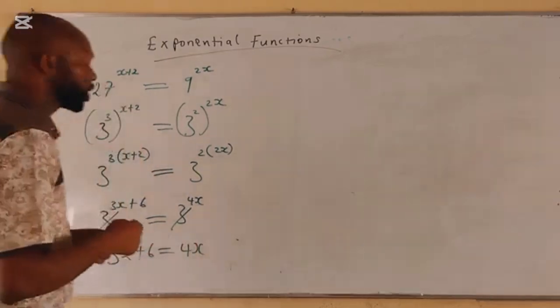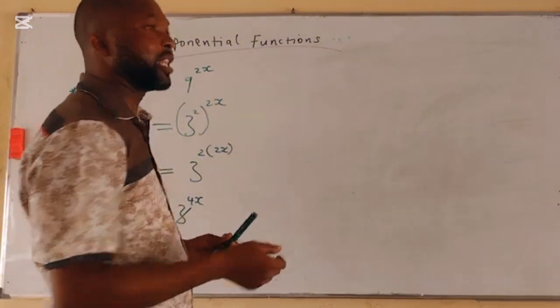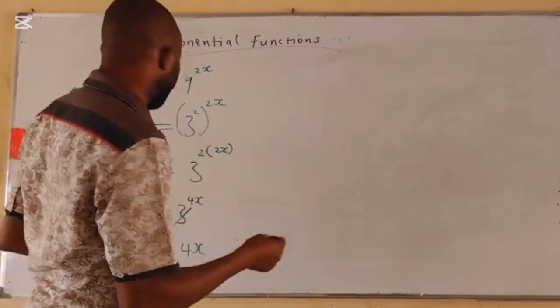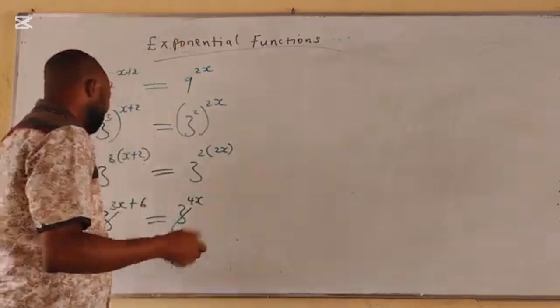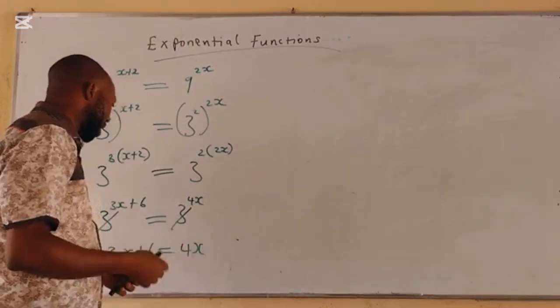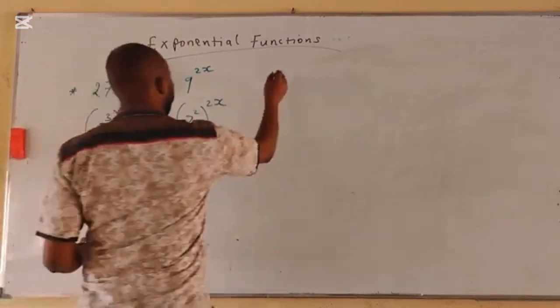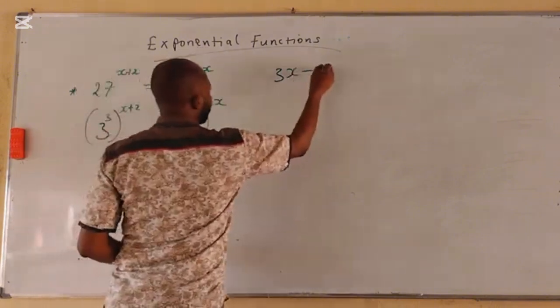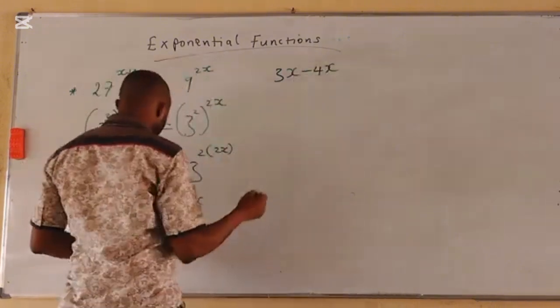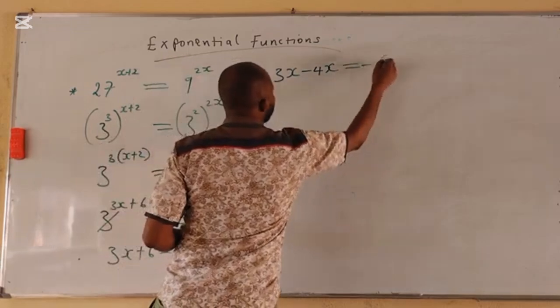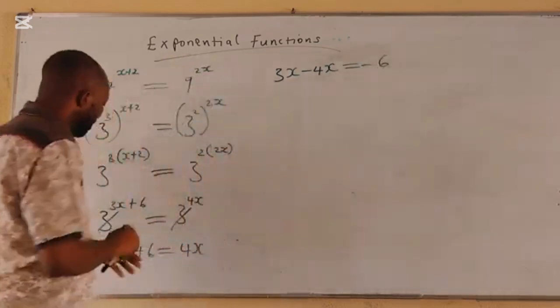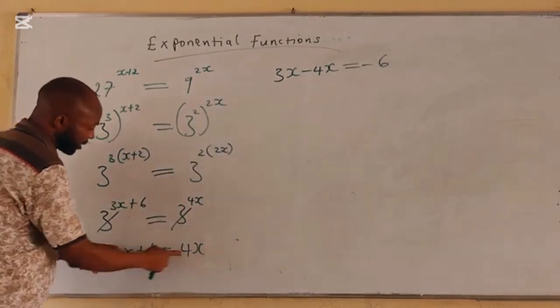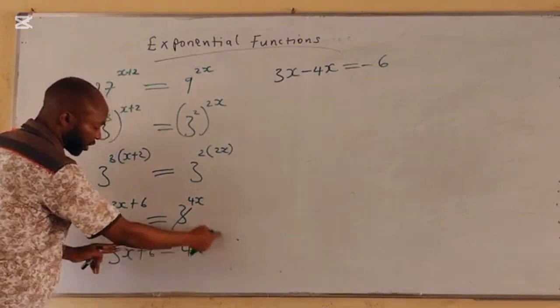Now, collection of like things. We are now in linear algebra, another topic in mathematics. So in linear algebra, we collect like things, right? So let's see, I now have 3x minus 4x is equal to minus 6. Collecting like terms, this is my 3x, this is 4x, crosses over to this side.